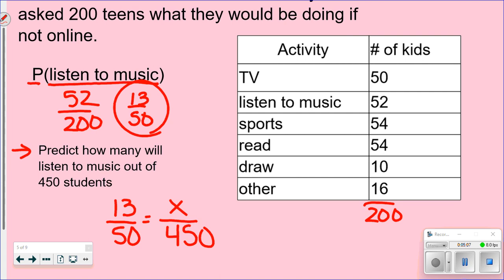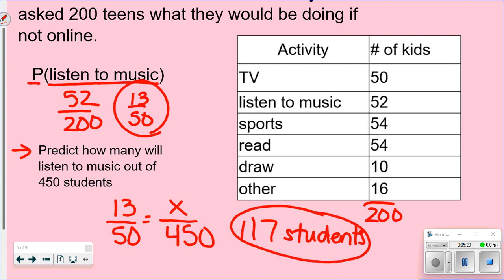If you remember correctly, you take 450 times 13, you divide by 50, and I got 117 students. So they're going to have you make predictions based on the probability that was given to you or the probability that you came up with.